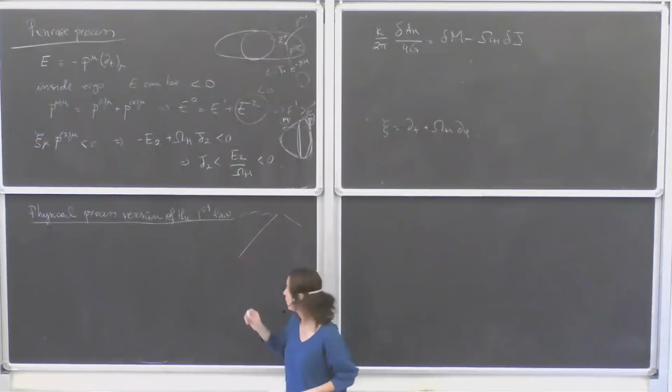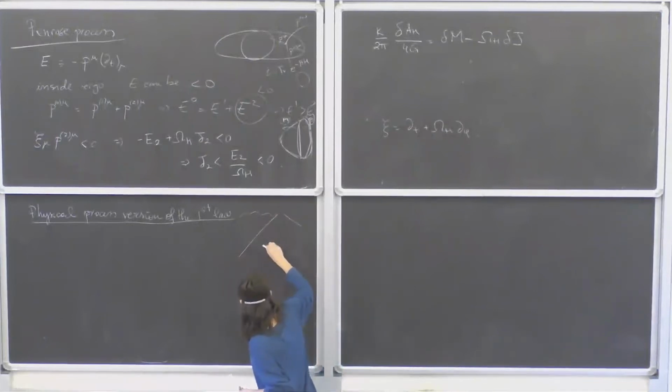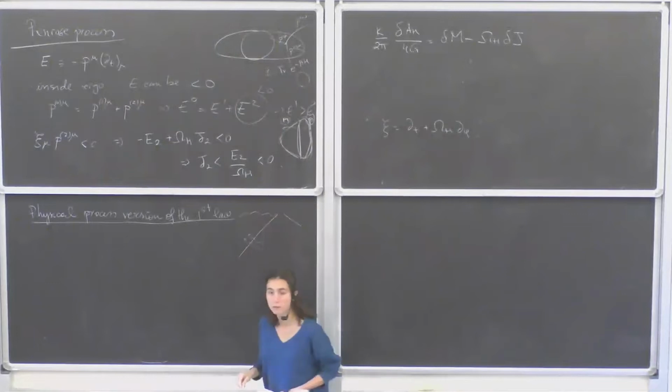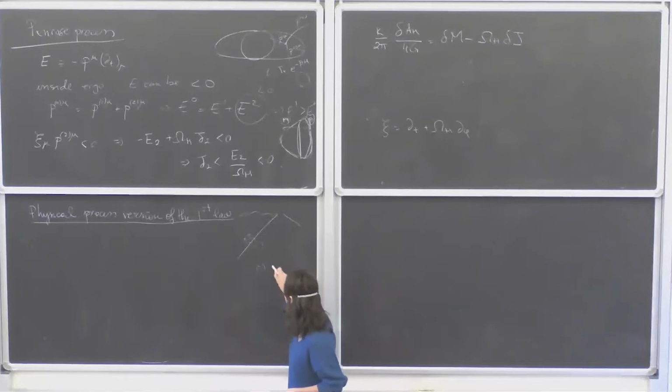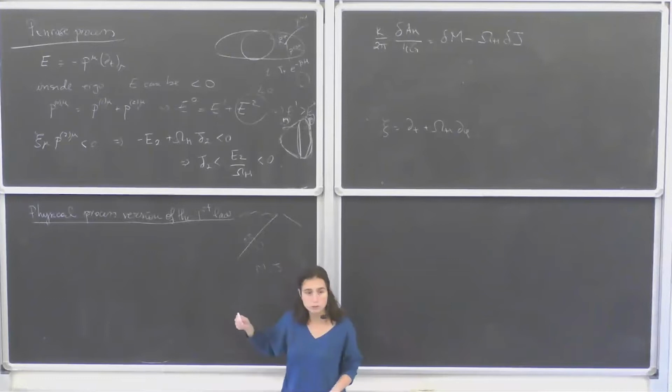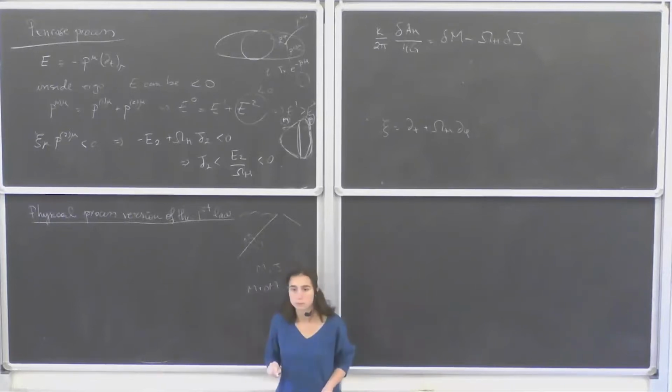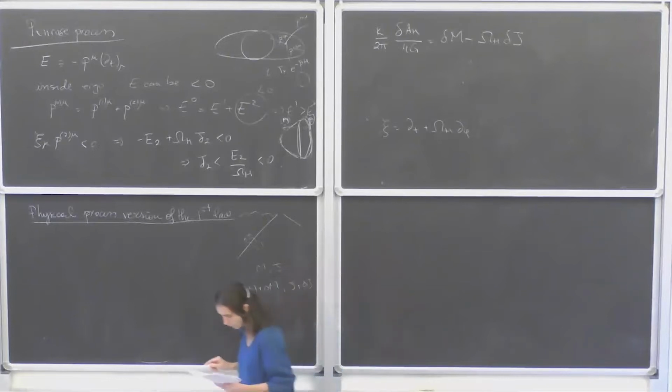You do so by sending some matter or energy momentum flux through the event horizon, in such a way that you start with the stationary solution of mass m and j, and you end up with some other stationary solution with mass m plus delta m and angular momentum j plus delta j.